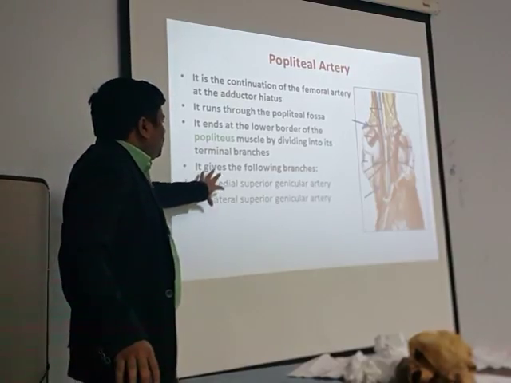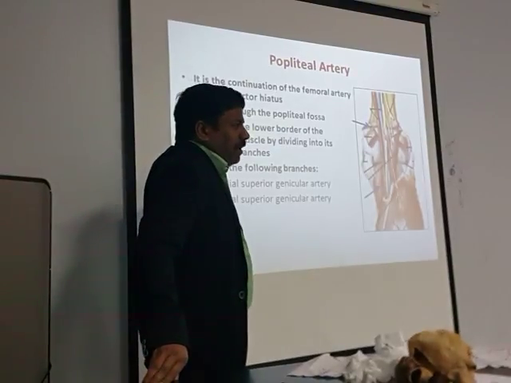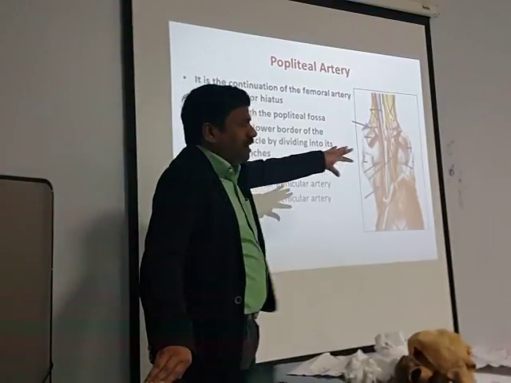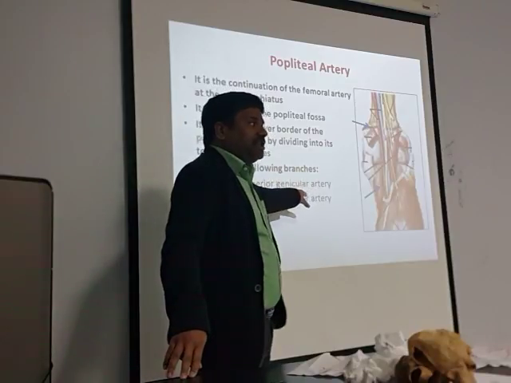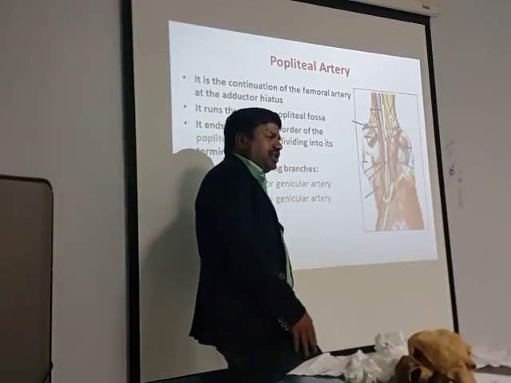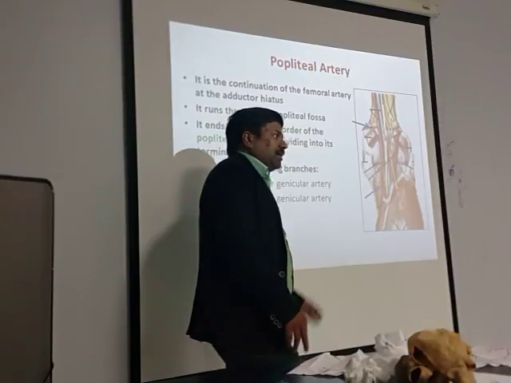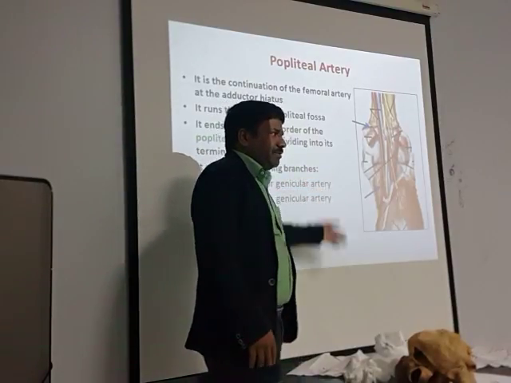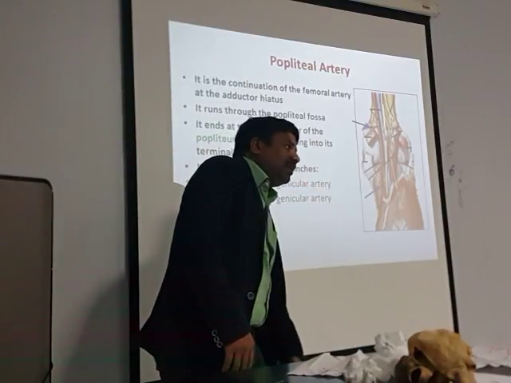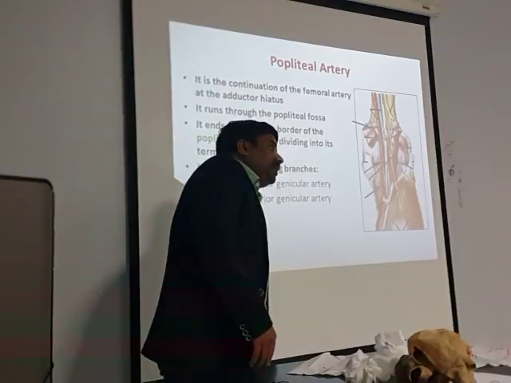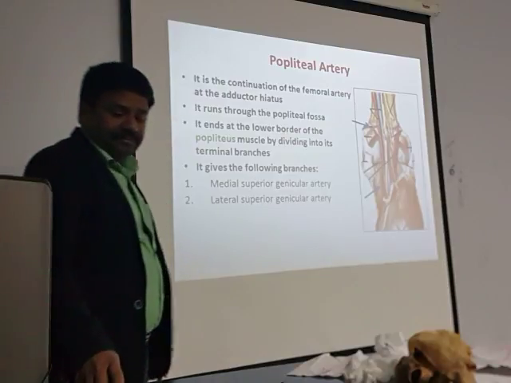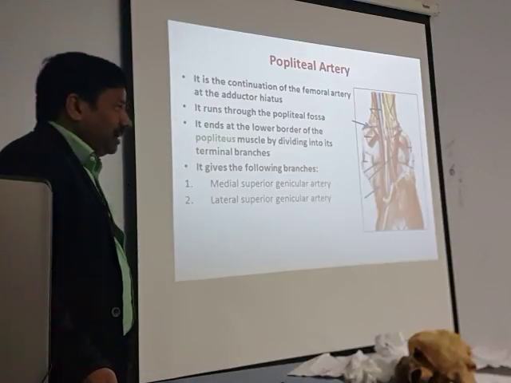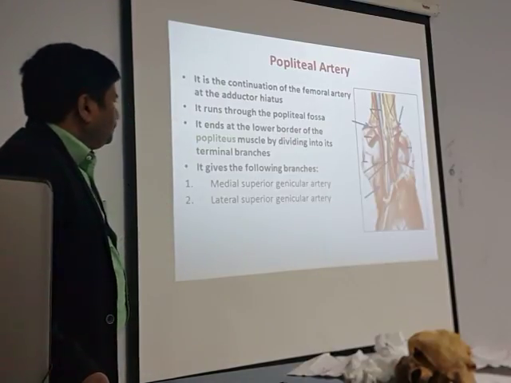So I was talking to you about the branches of the popliteal artery which take part in the anastomosis around the knee joint. The knee is also called genu because of the bend, so they are called genicular arteries.